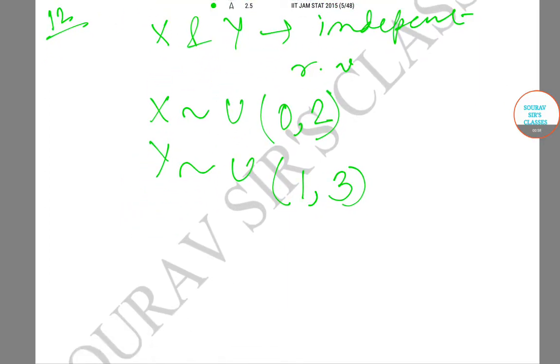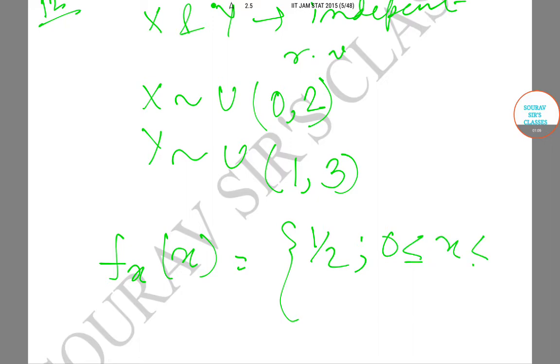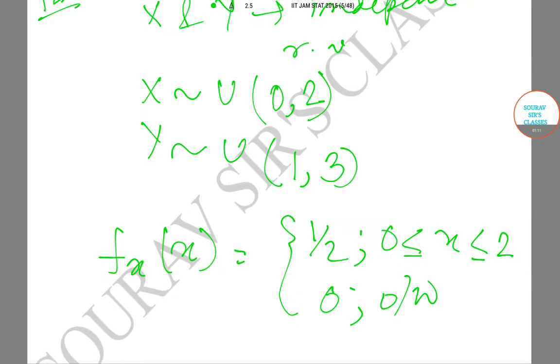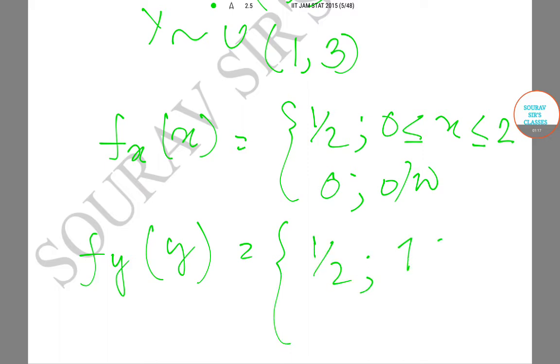Now we can say that f(x) is equal to half for 0 ≤ x ≤ 2 and 0 otherwise. Also, f(y) is equal to half for 1 ≤ y ≤ 3 and 0 otherwise.